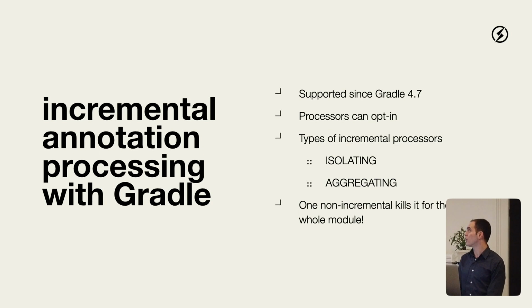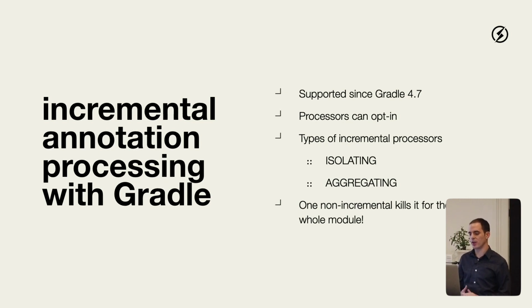However, if you are using Gradle, since Gradle 4.7, incremental compilation is supported even if you have annotation processors on your class path. So if you have processors, they can opt in to incremental compilation, and they can say that, okay, I'm supporting or not supporting incremental processing. There are two types of incremental annotation processors.